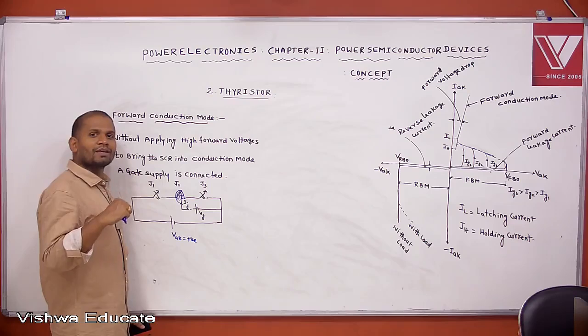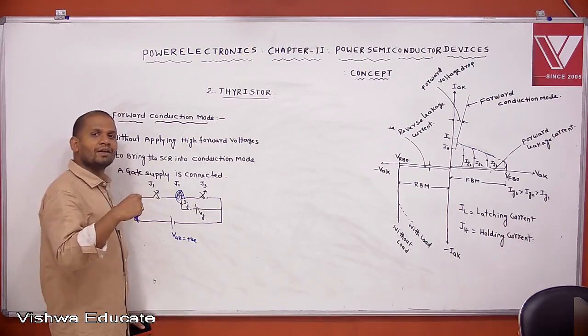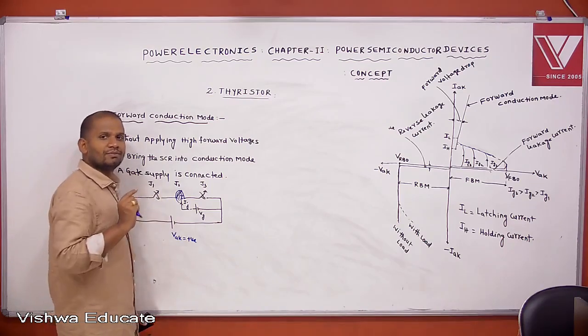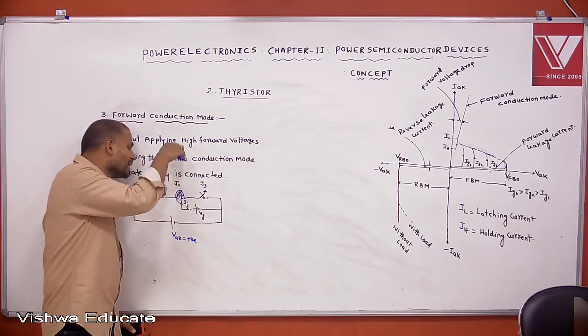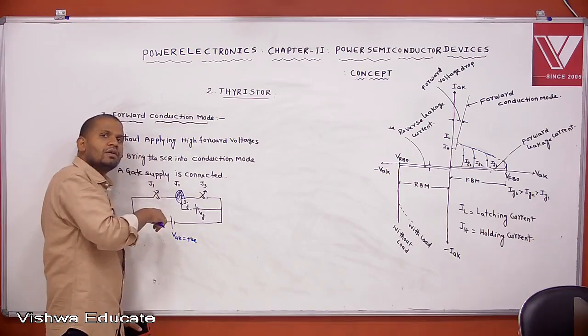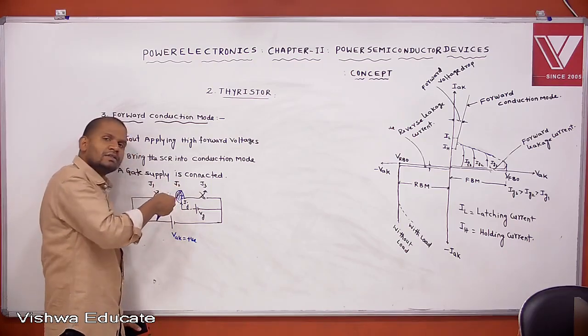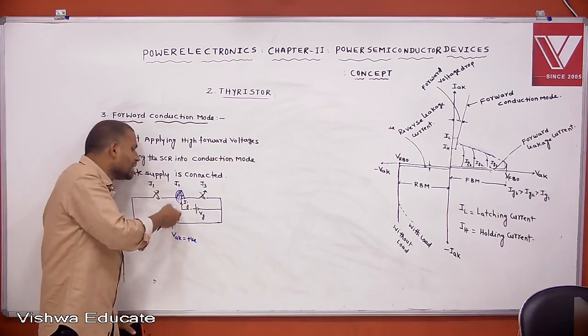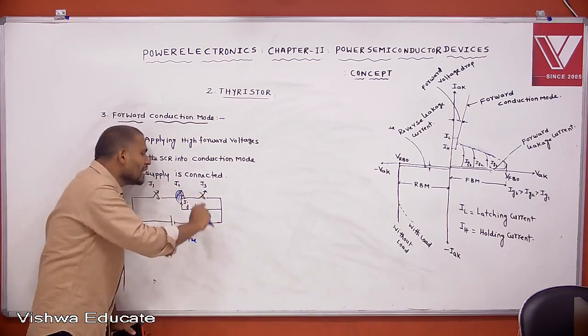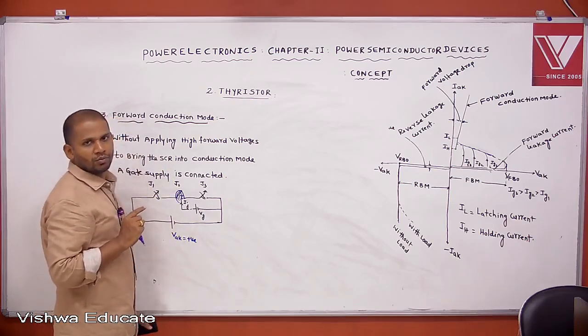Under forward blocking mode, if gate supply is given, what happens? This is the concept. Whenever gate supply is given, more carriers are injected into the J2 junction. Because of the charge carriers, the J2 junction width is reduced. Then with less forward voltage, J2 breaks down and the SCR comes into forward conduction mode.